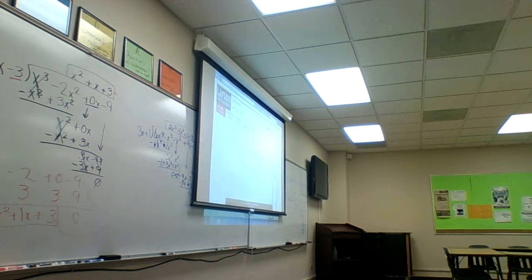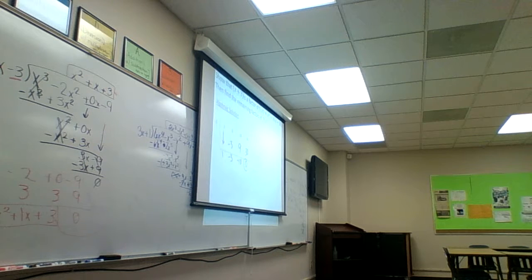Then we will find the remaining factors of f of x. To solve this problem algebraically, use synthetic division and set it up as shown below. Bring down the 1. 1 times negative 3 gives you negative 3, and 0 plus negative 3 gives you negative 3. Negative 3 times negative 3 is positive 9, and negative 19 plus 9 gives you negative 10. Negative 10 times negative 3 is positive 30, and negative 30 plus 30 gives you 0.